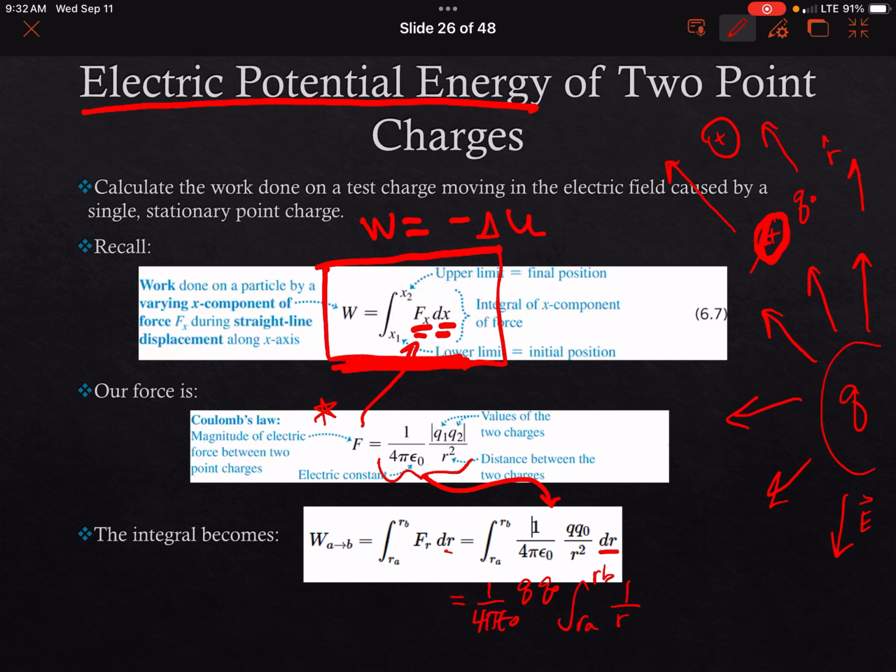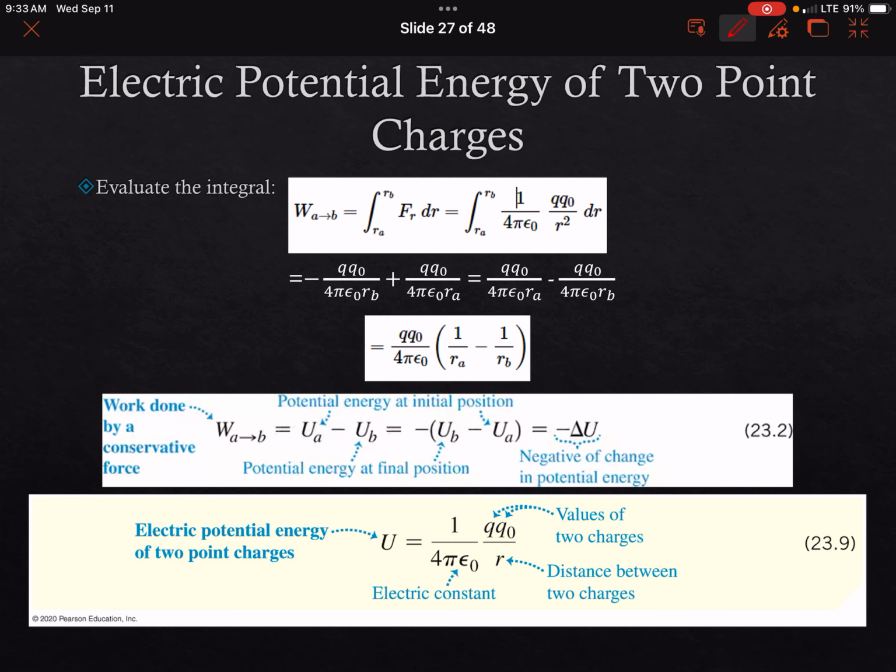All we're integrating is 1 over r squared dr. And that just happens to be negative 1 over r, evaluated from r_A to r_B. That's the integral of 1 over r squared: negative 1 over r.